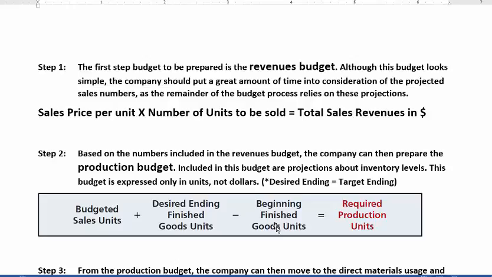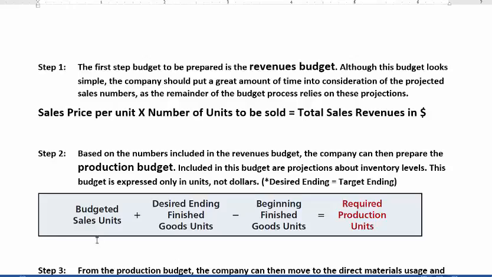All right, so we need to subtract the beginning finished goods units, which were the ending finished goods units from the prior period. Okay, so where would we get this number? This is related to the prior period's balance sheet finished goods inventory, how many units are represented in that dollar value.